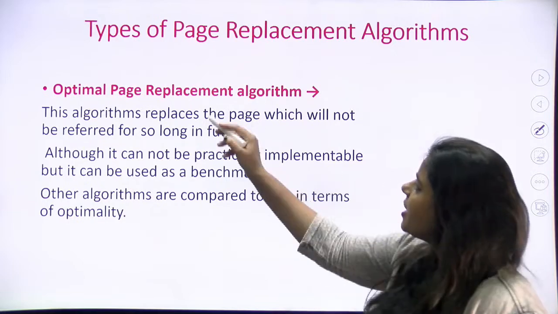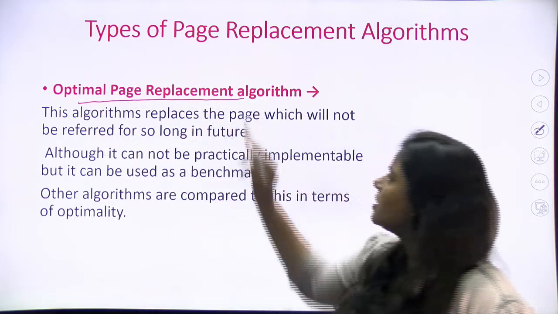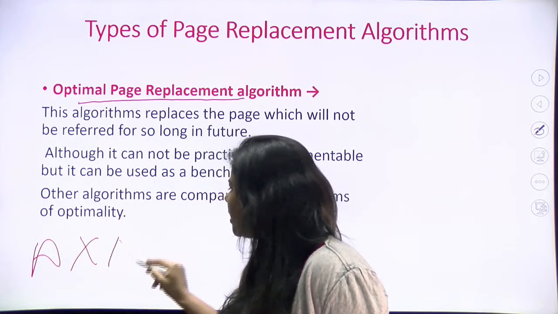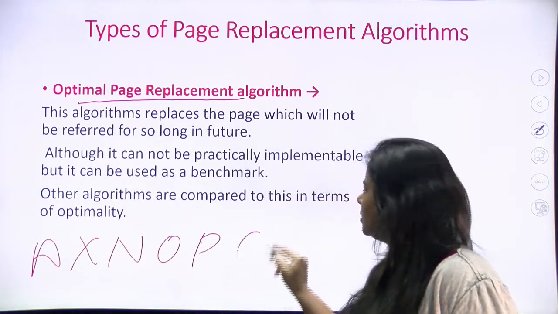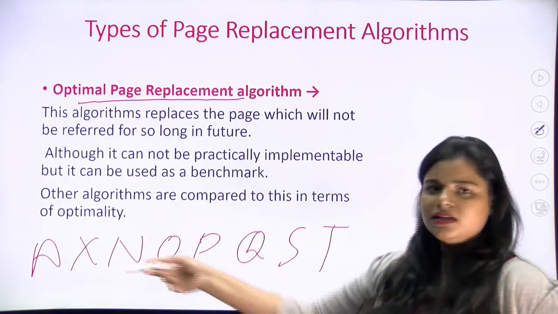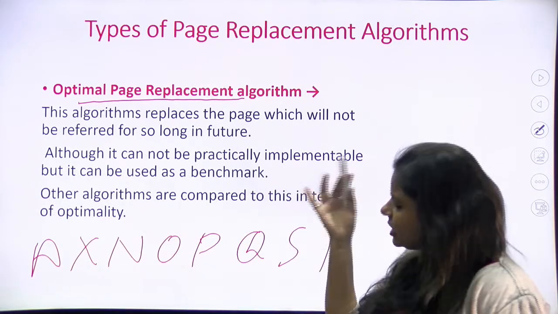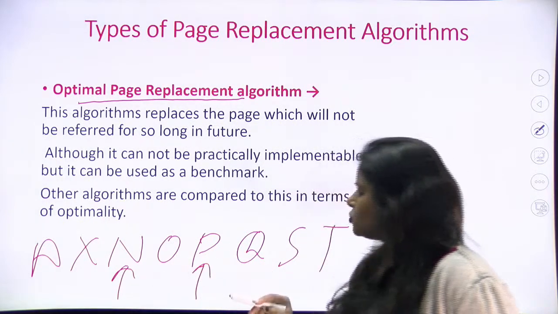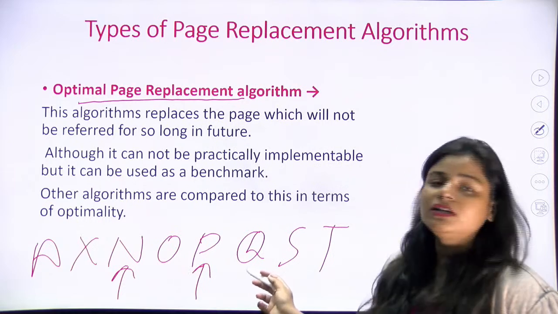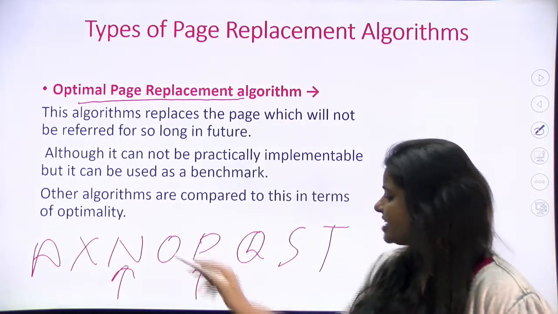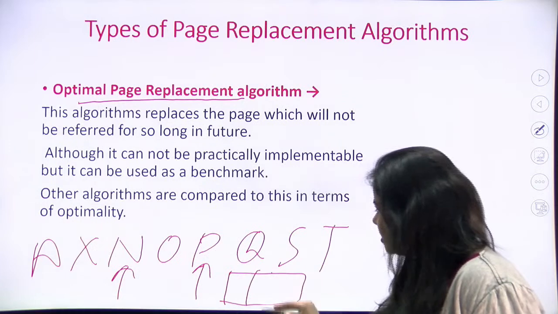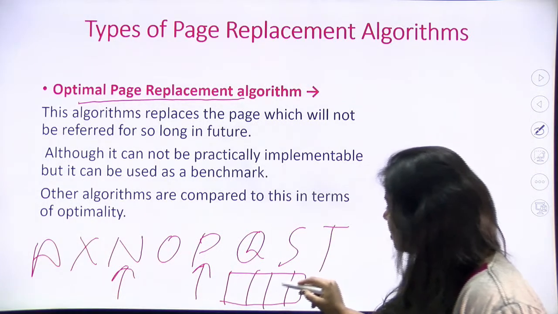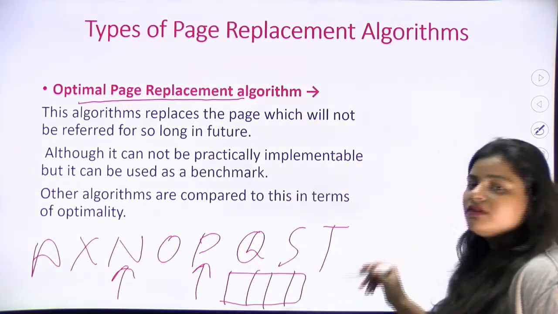Means in this kind of algorithm we have pages like A, X, N, O, P, Q, S, T. Right now my CPU is executing N or P, and my next request is Q. So I have to replace one page inside the frame. I will replace that page which will not come soon in future.